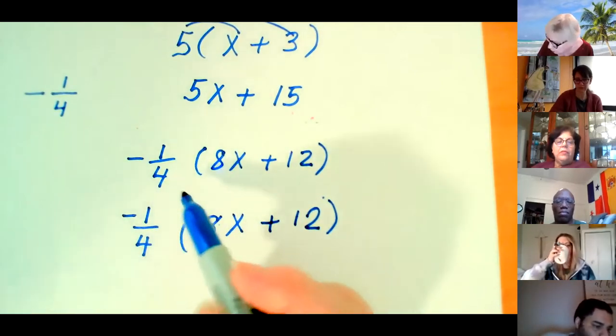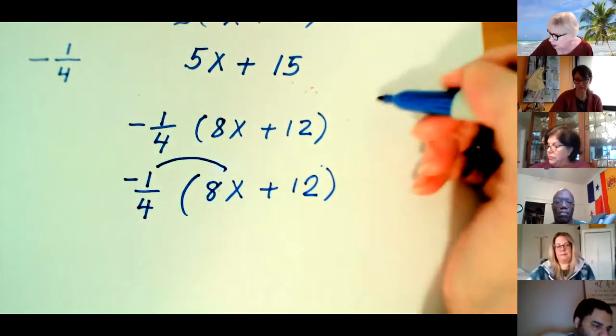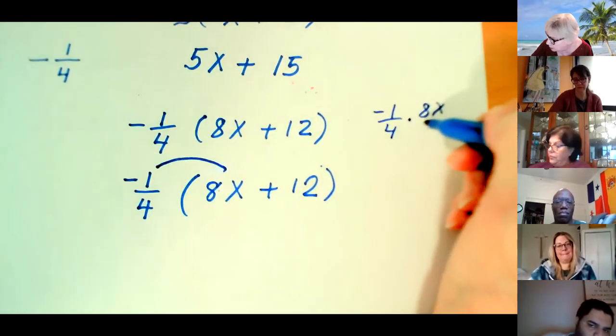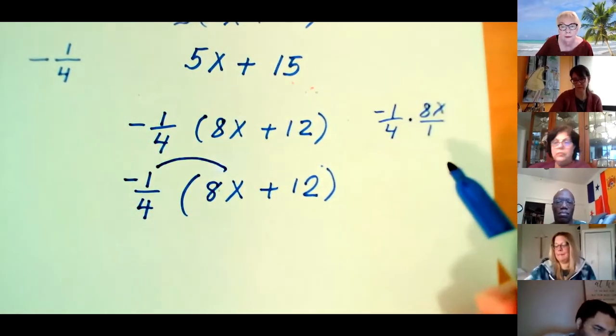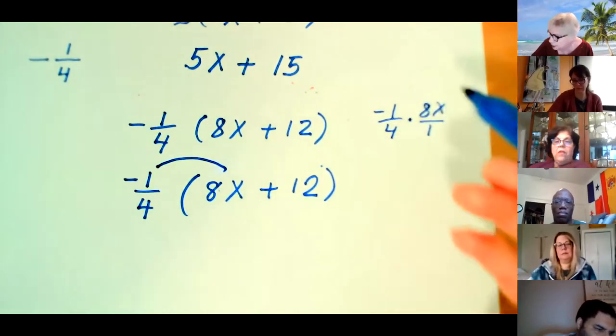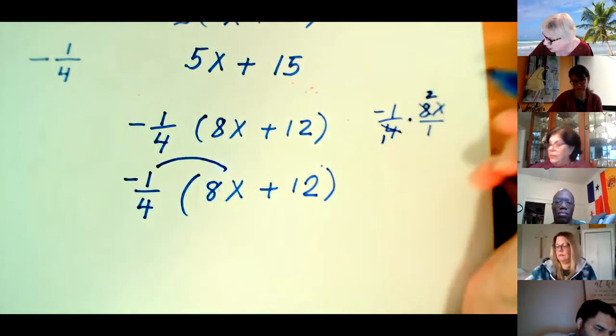So this is what we're going to do. It's negative a quarter times 8x. So negative 1/4 times 8x. This is what it looks like. That's that first step. And 4 can divide into 8 once, and this is twice.